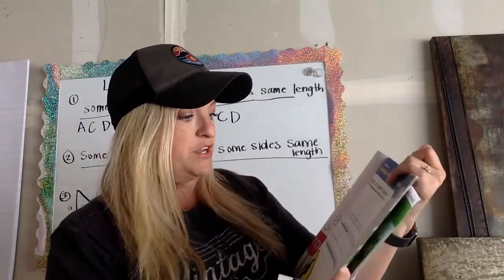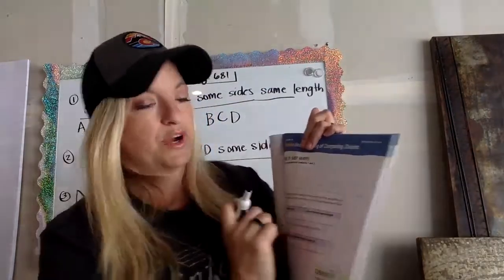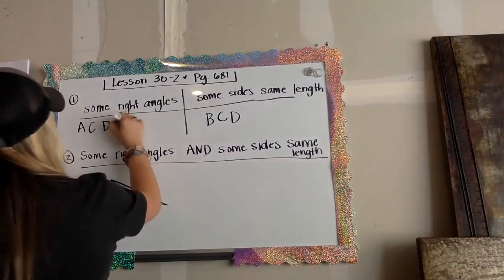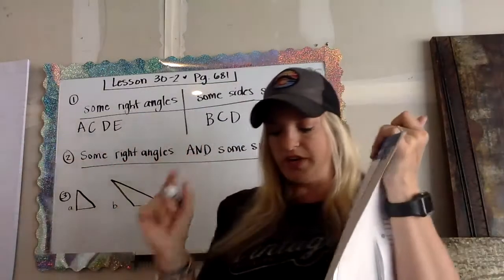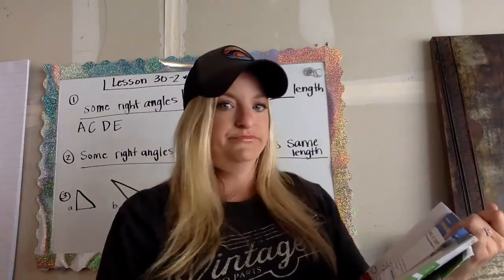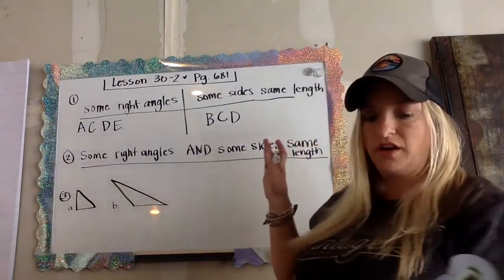Now we're on to letter E. Oh gosh, there are two right angles. So that one is going to go here. Now, are any the same size? No, they're not. So I'm not going to add it to here.